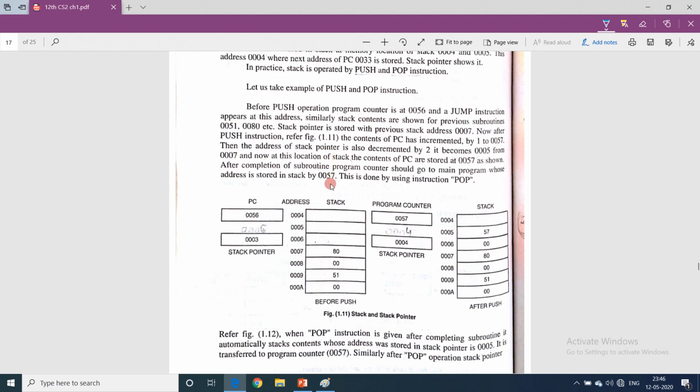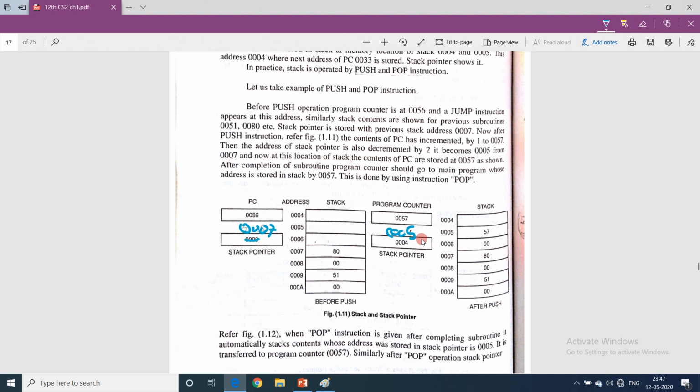Also here a few corrections are required. Here you should write 0007; make it 0007 instead of 0003. And instead of 0004 you have to write 0053; make it 0005.